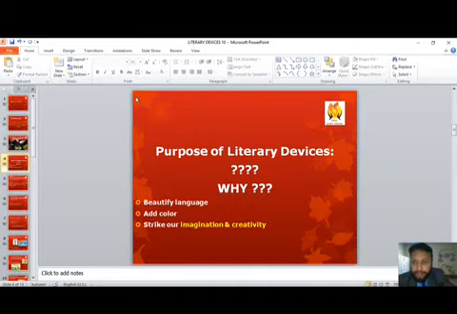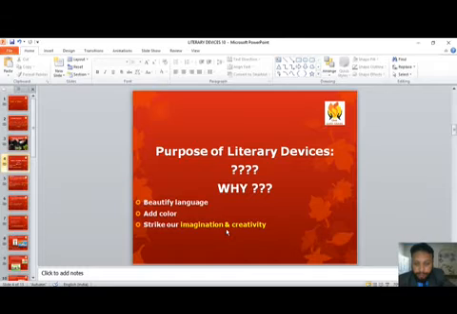We know that the poets and authors live in a different world. With the help of their imagination and creativity, they bring beautiful pieces of poems, dramas, fictions, stories, and many other compositions. So what if they are using poetic devices or literary devices effectively? It will strike our imagination.